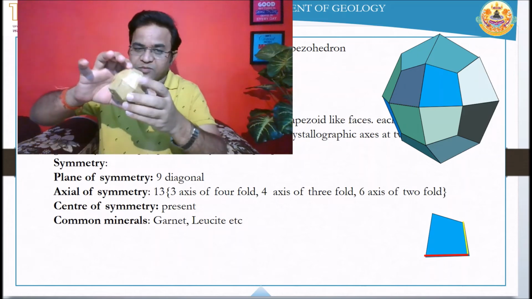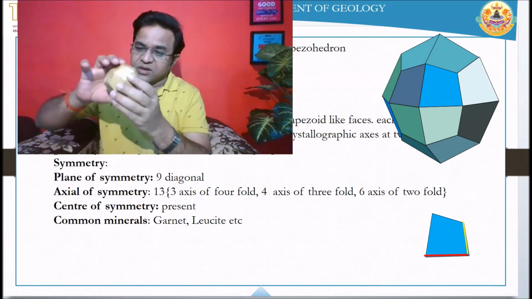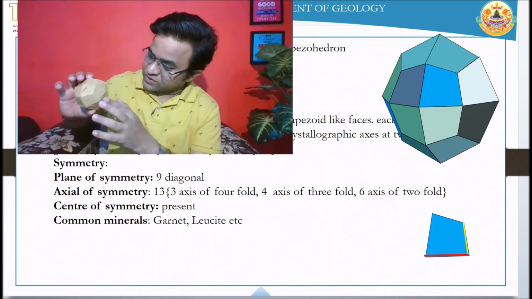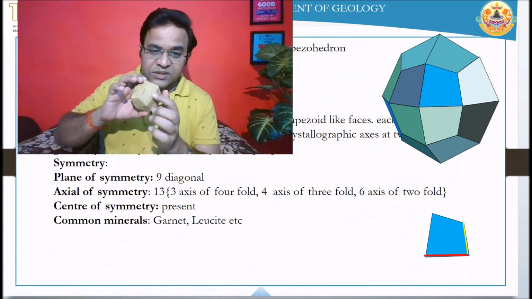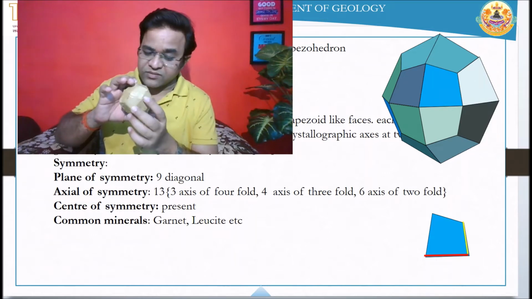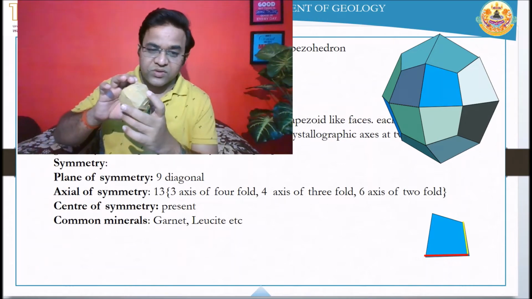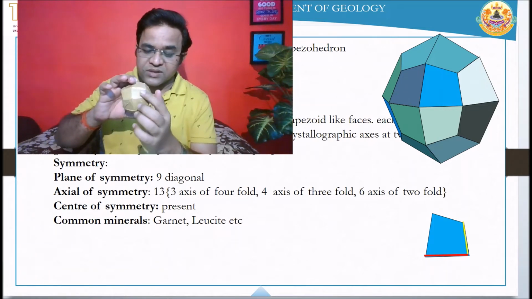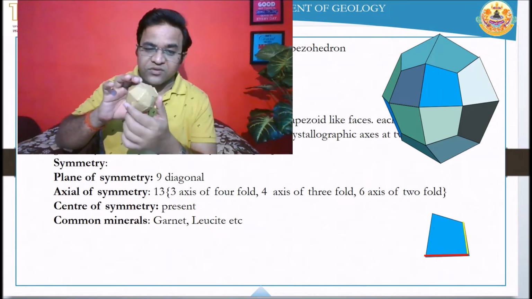So holding this, I am holding from it just opposite downward. Now try to see, consider these faces. When you rotate, will the same kind of face come? No, because this shows some kind of triangular face, and when you rotate, you will get this kind of faces. But when you rotate again, you will get the same kind of faces.